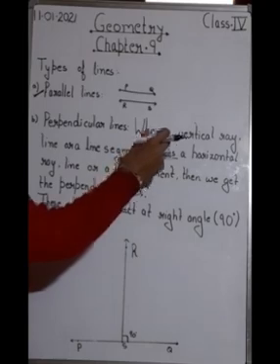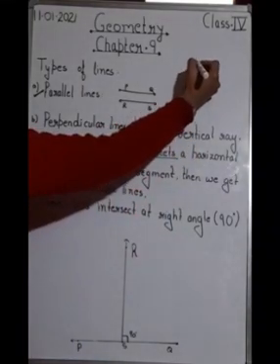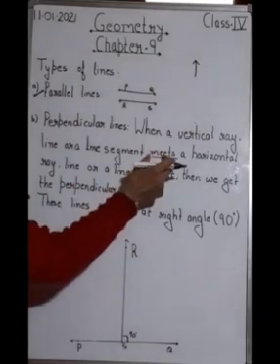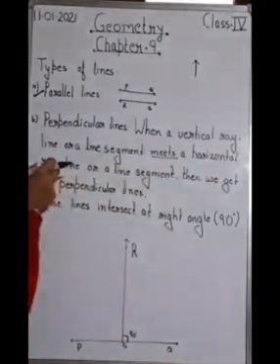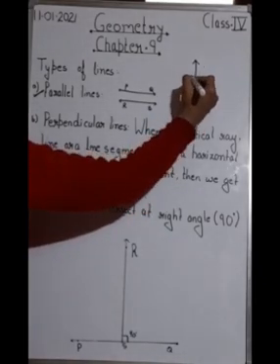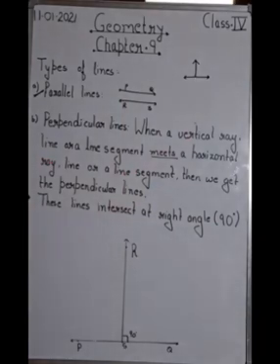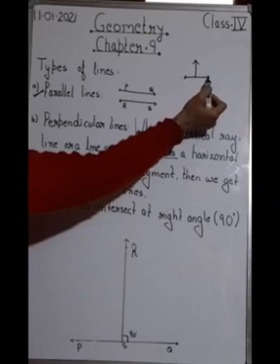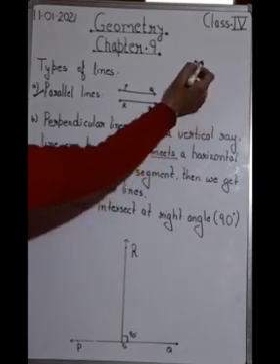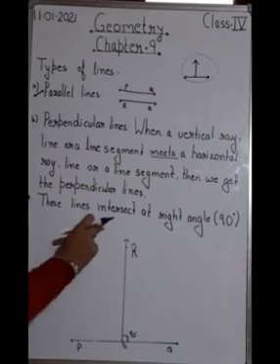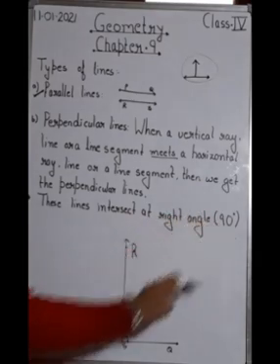Whenever a vertical ray or line segment, I have drawn here a vertical ray, meets a horizontal ray or line segment, suppose I have drawn a horizontal ray over here, you can see this vertical ray is meeting this horizontal line. Then these lines are said to be perpendicular lines. Clear? Next point I have written, these lines intersect at an angle of 90 degree.